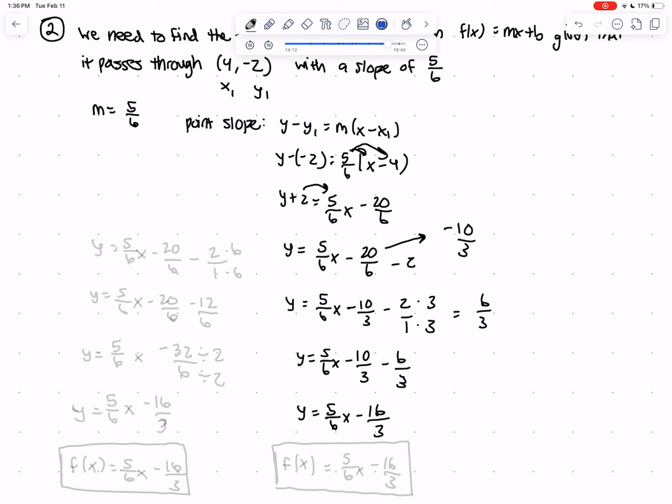But if you didn't reduce it, an initial step would show how it would be if it's not reduced. So the final answer would be 5 over 6x minus 16 over 3. That's our answer.